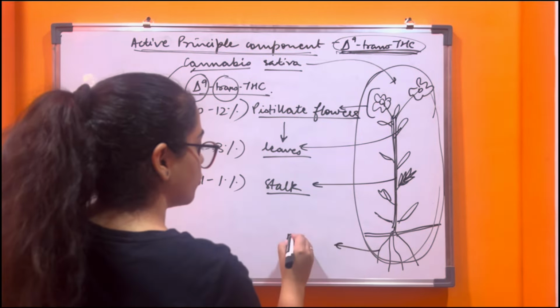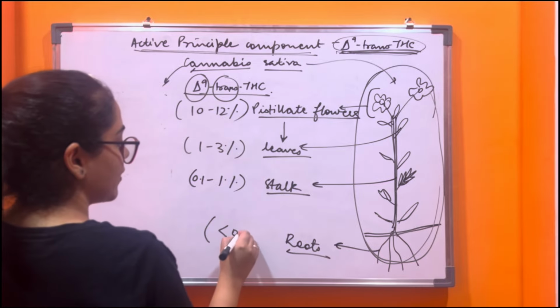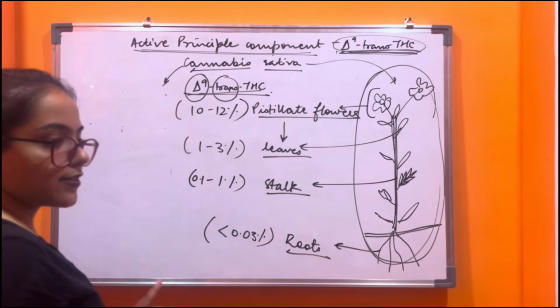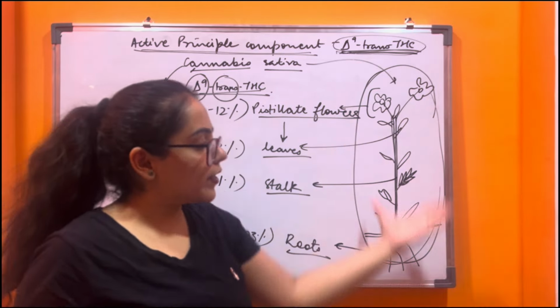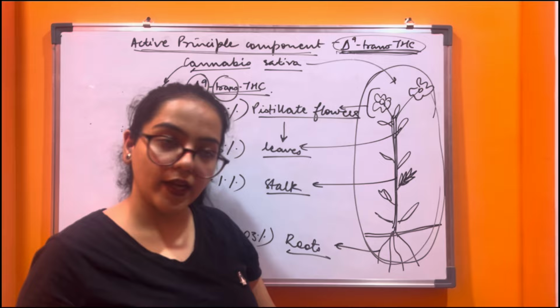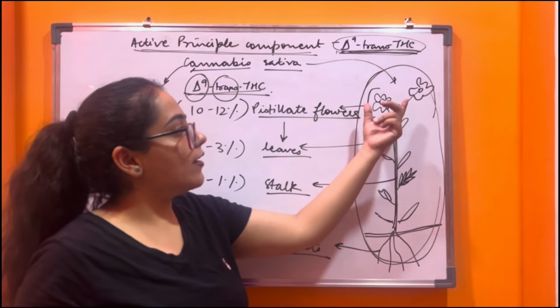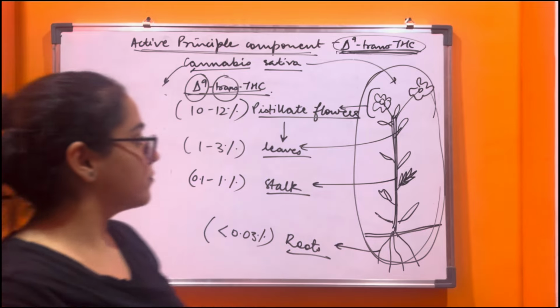And then come the roots. Roots have less than 0.03% composition of delta 9 trans THC. What it means is that this chemical compound is present in the whole plant, right? But its concentration varies depending on which part of the plant we are talking about.